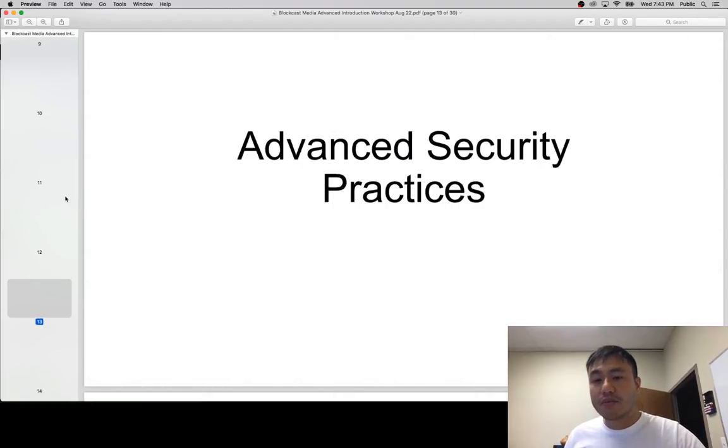I'm going to go a little bit into security practices now, just because security is probably one of the most important things. As you know, blockchains are immutable. So once something happens, it's almost impossible to reverse something that has happened on the blockchain.